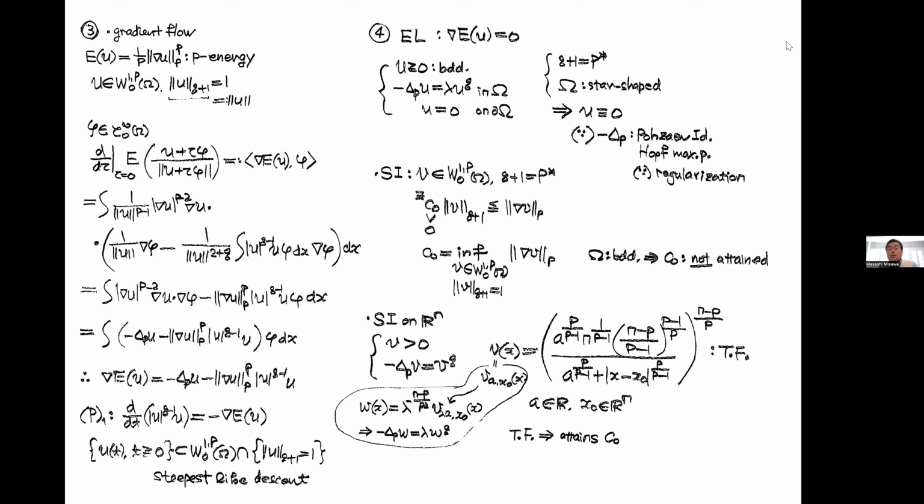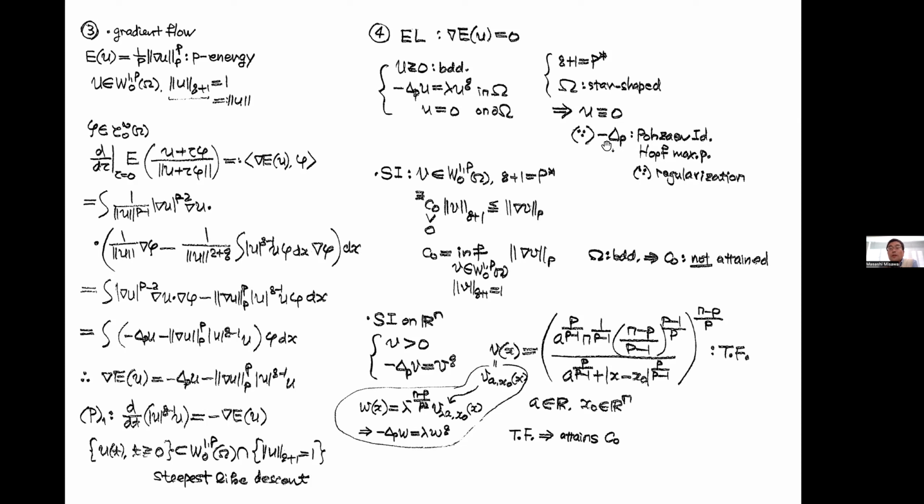It is well known that if q plus 1 is equal to the Sobolev critical exponent, which is called the Sobolev critical case, and the domain omega is star-shaped, then the solution should be trivial. This is verified by the Pohozaev identity and the Hopf maximum principle for the p-Laplace operator.